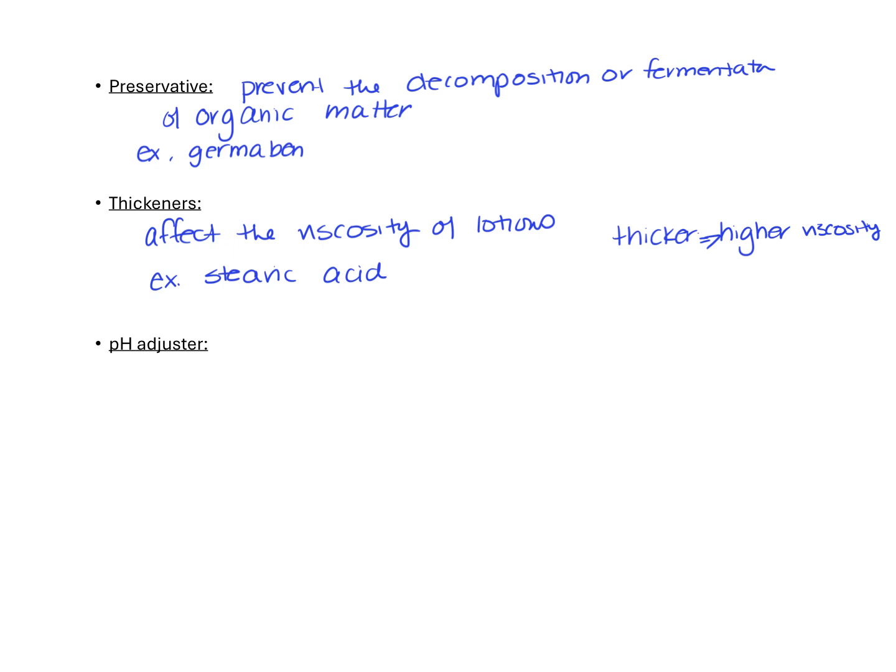And then finally, you're going to have pH adjusters. These are just things that change the pH. A really good example of this is citric acid. If you look on the ingredients of your lotion, you see citric acid. These are acidic, right? They are going to make the pH lower, right? But we can also have things that are basic.